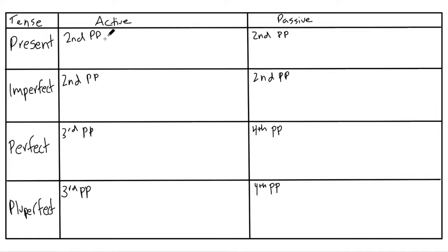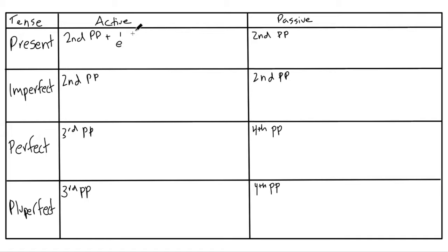So for present active, if you have a first conjugation verb, then you subtract the ending, so you get the stem from the second principal part. So if we have navigo, navigare, you just take the navig part, so you subtract the are from the end, and you add on an e.